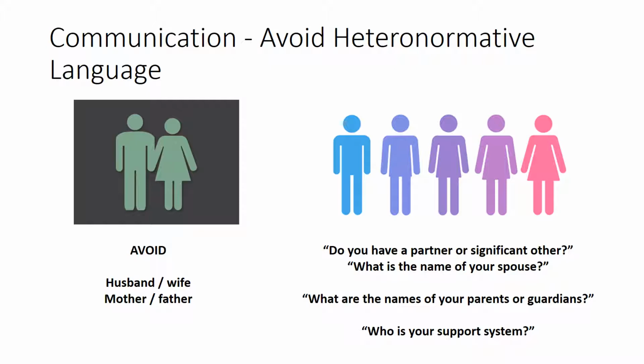The reason we want to do this is if you are working with a gay client, for example, a man comes into the ER, and you need to contact one of his family members for whatever reason. You want to get in contact with his spouse to tell his spouse what's going on with him. And the first question out of your mouth is, oh, are you married? And he'll say, oh, yes, I am.